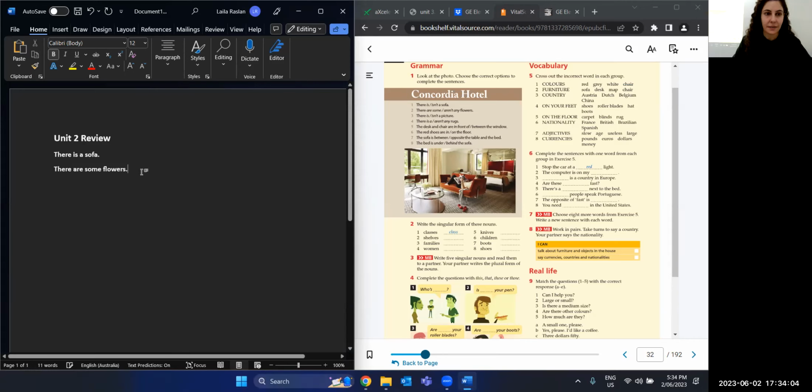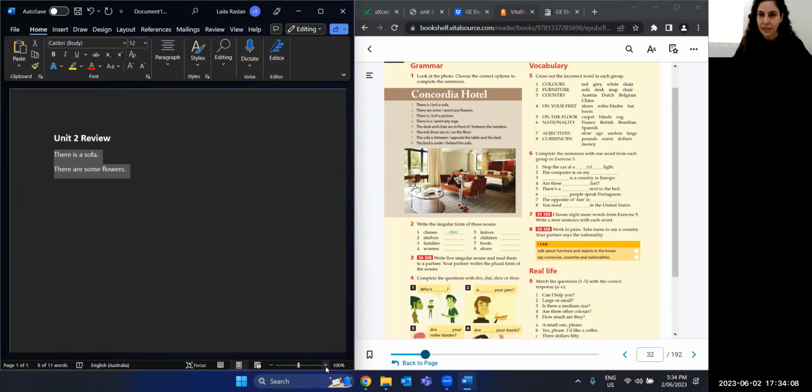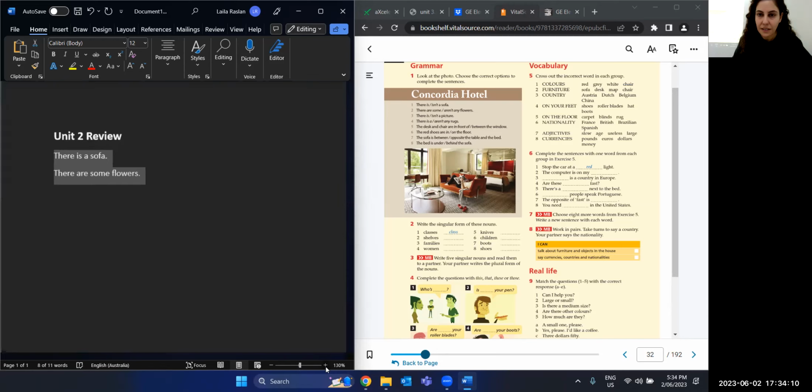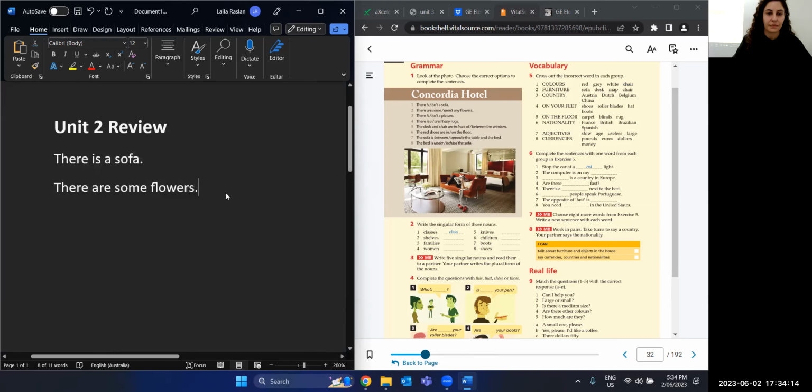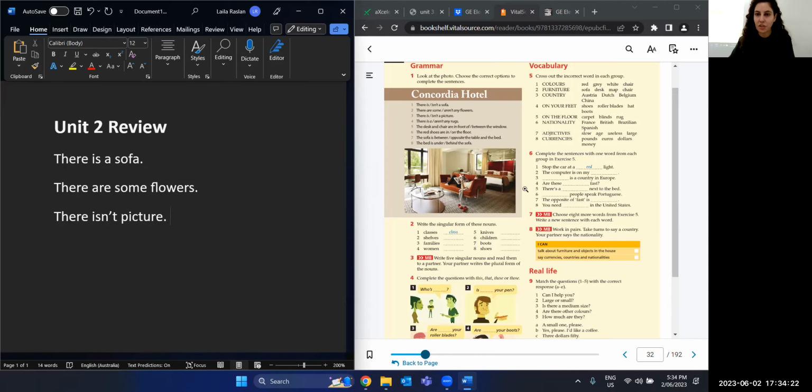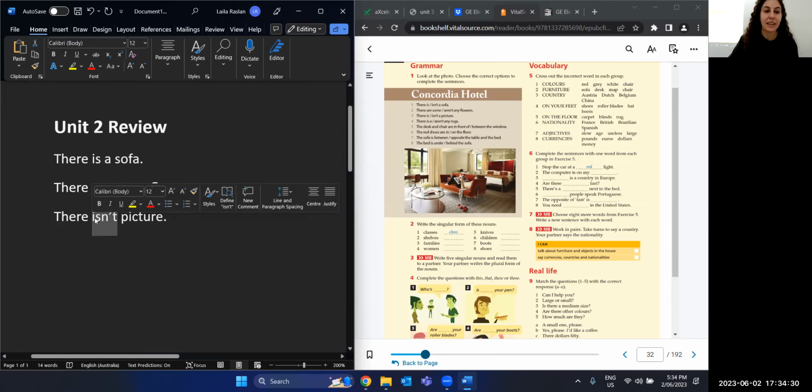Okay, number 3, the picture, Conrado. There's no picture on the wall. Yes, so there isn't, there is not. Okay, Anderson. Remember, that's called a contraction when we connect is and not together.